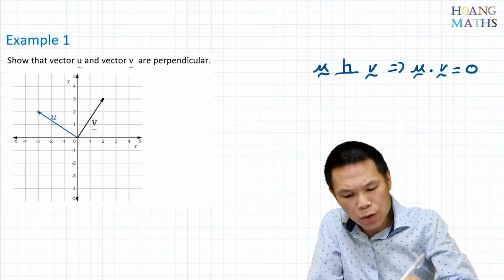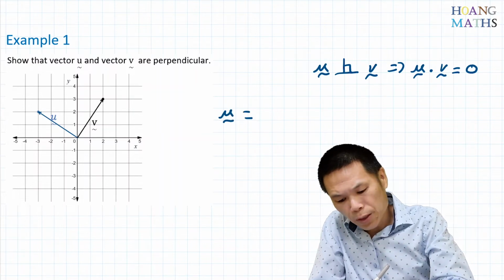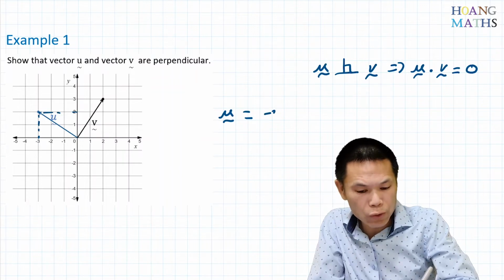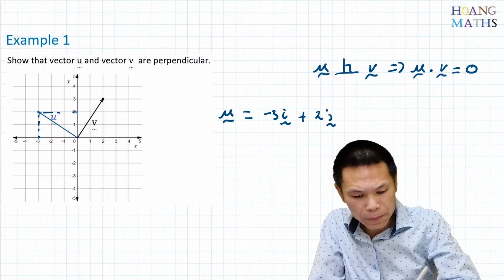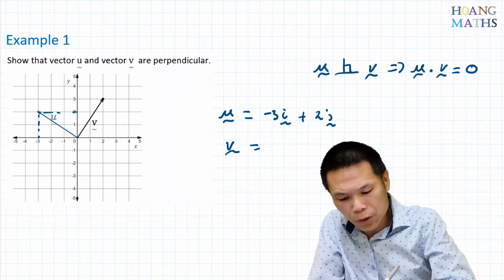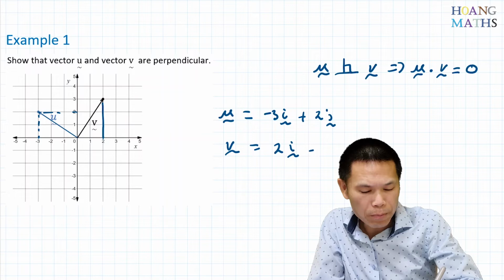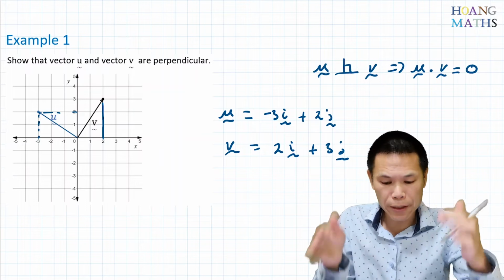We know that vector u is equal to negative 3, 2, so negative 3i plus 2j, and vector v is equal to 2, 3, so 2i plus 3j. So we just need to find vector u dot vector v.